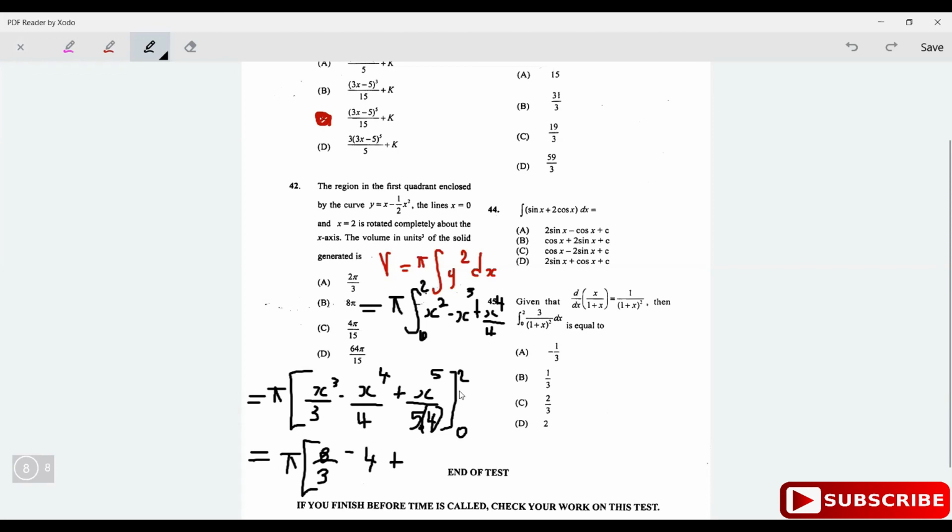Plus, plugging in 2 as x here, 2 to the 5th is 32, so we get 32 over 20. Put all of that in a calculator and simplify it: 8 over 3 plus 32 over 20 minus 4. I can't do this out of my head. I get 4 over 15. So it's 4 over 15 times pi. Nice, that's the volume.